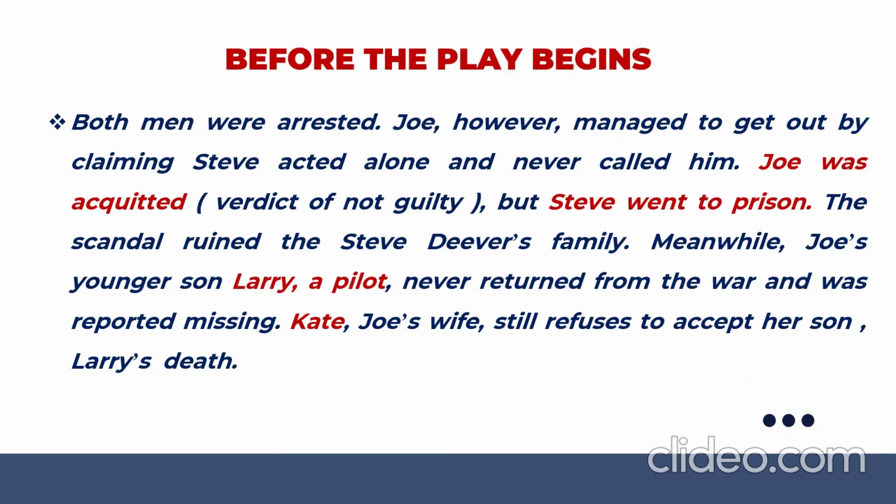Joe was acquitted, which means there was a verdict of not guilty, but Steve had to go to jail, to prison. This scandal ruined the family life of Steve Deaver. Meanwhile, Joe's younger son Larry, who was a pilot, never returned from the war, and there was a report that his younger son Larry was missing.